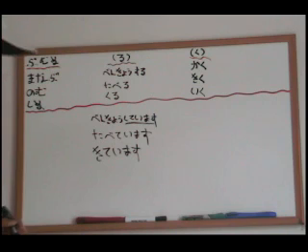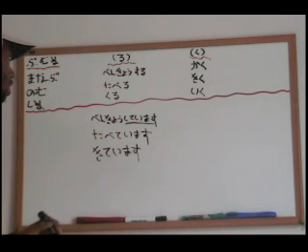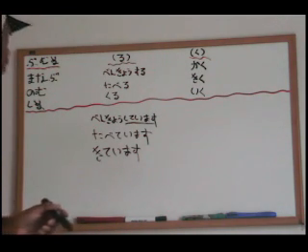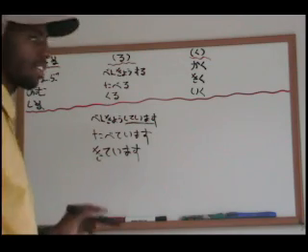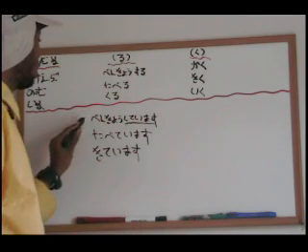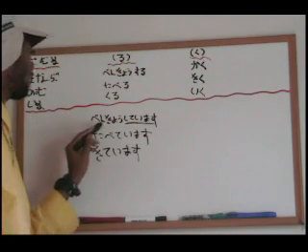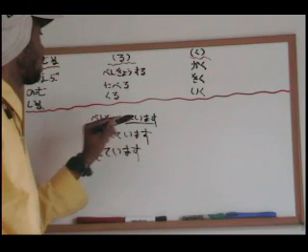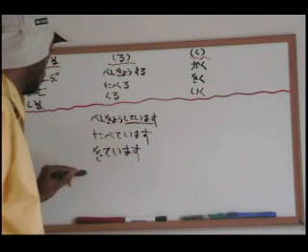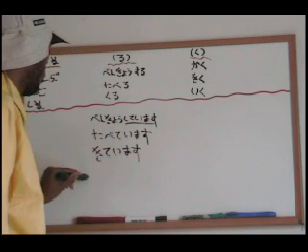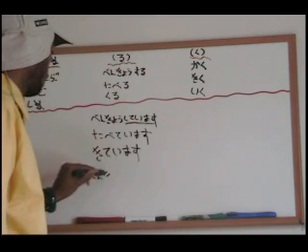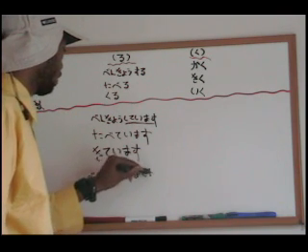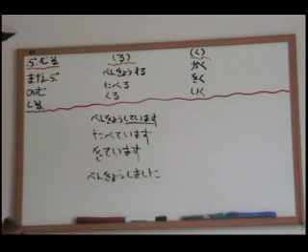Okay, so past. What we're going to do with past is the same as before in the masu form. If you want to use masu form, it'll be mashita. Mashita is always past. So let's go back up here. Benkyou shiteimasu, I'm studying. If you want to say I studied, it will be benkyou shimashita.